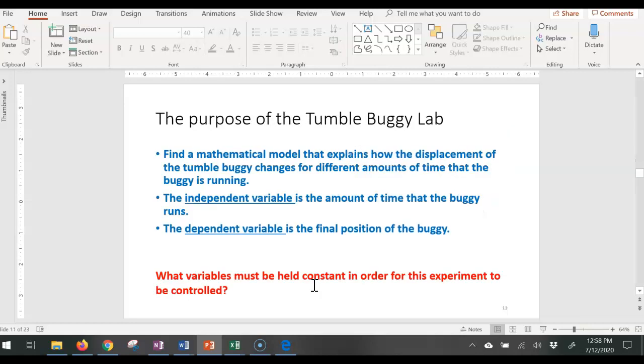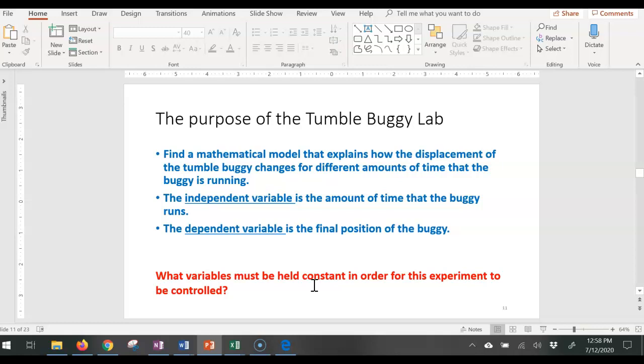Now, the purpose of this lab is to find a model that explains the displacement of the tumble buggy, or how that displacement changes for different amounts of time that the buggy is running. I'm going to let the independent variable be the amount of time that the buggy is running. I can choose that right now.